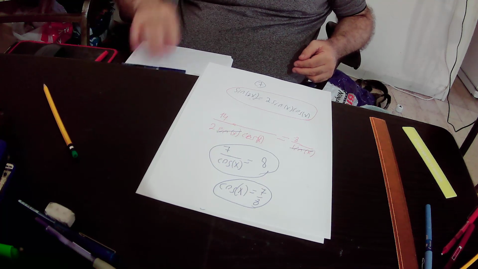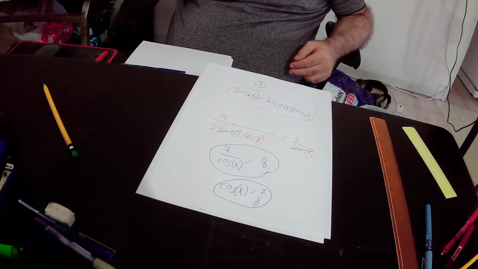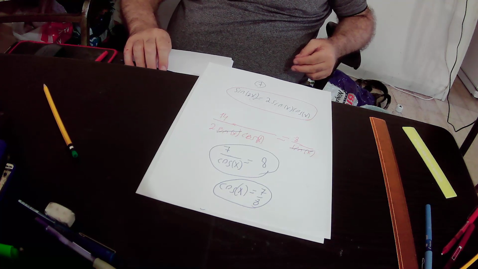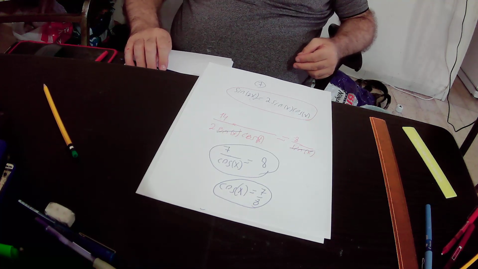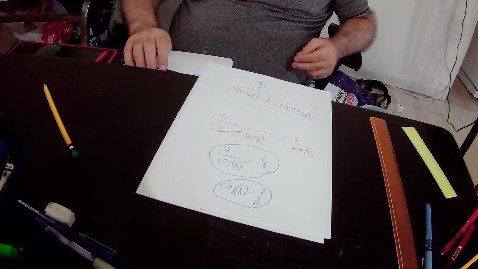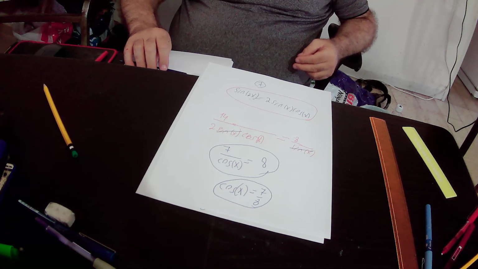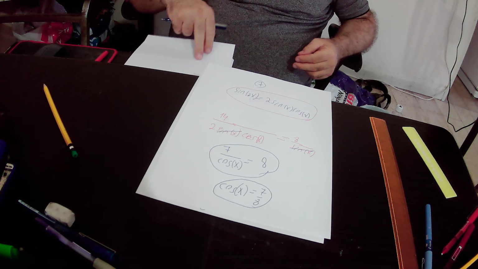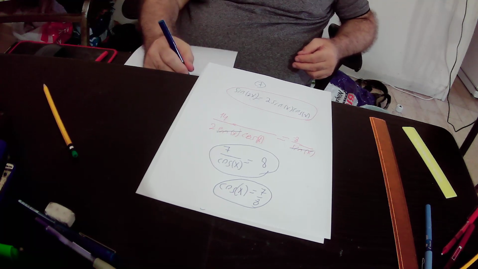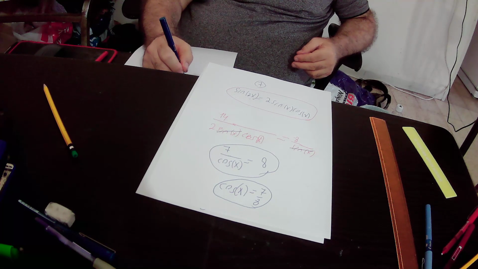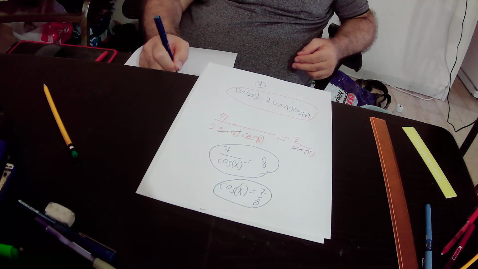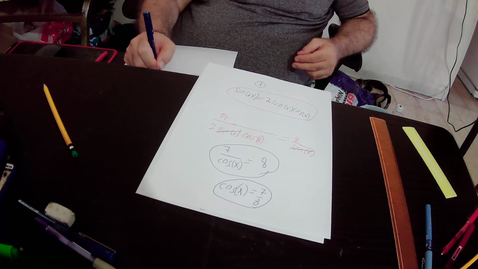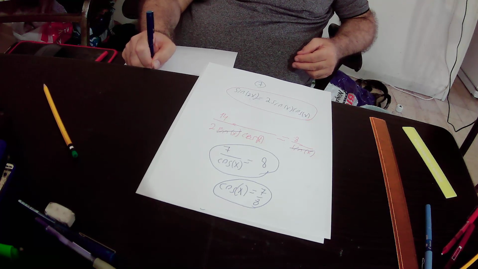Here we will use the third trigonometric identity in order to find out the value of sine x. The third trigonometric identity states that sine square x plus cosine square x equals 1.